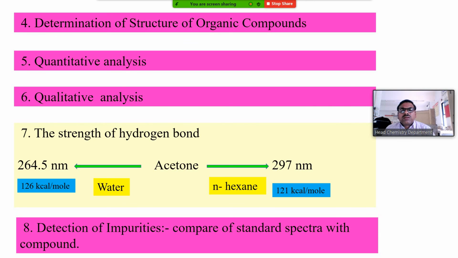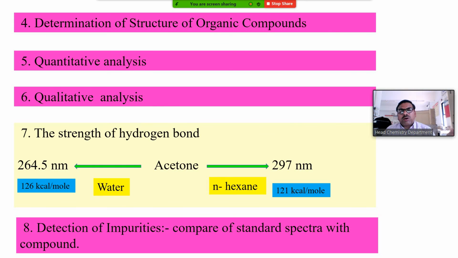How will you consider this detection of impurity in the organic compound? Just take the UV spectrum of the pure organic compound, and you can take the UV spectrum after putting some impurity into that pure organic compound. You can compare both the spectra together. Definitely you will observe that there is some addition of impurities.